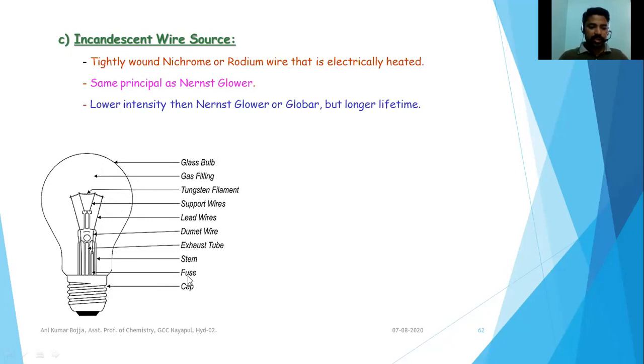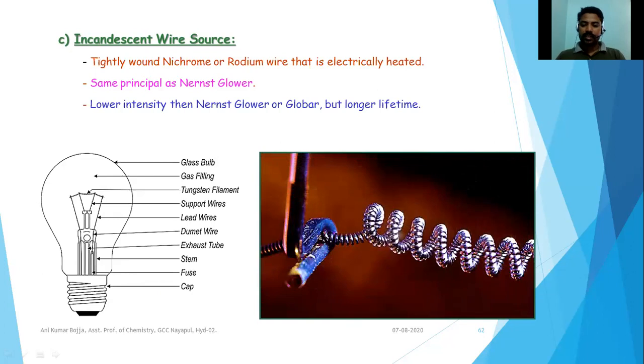And here is the fuse, which we use for the circulation and control of electricity when abnormal or unequal heat conditions are produced inside the tube. This is the cap. So this is the setup of the incandescent light, and you can see the filament inside that tube. It will heat like this and produce the light or radiation.